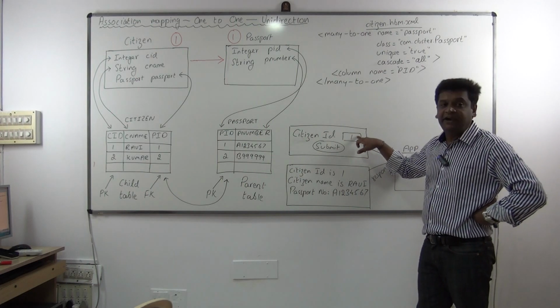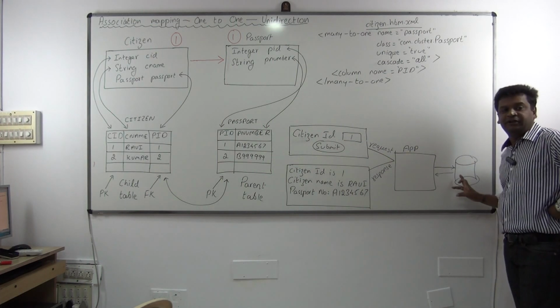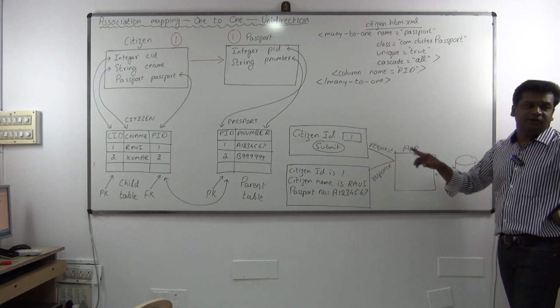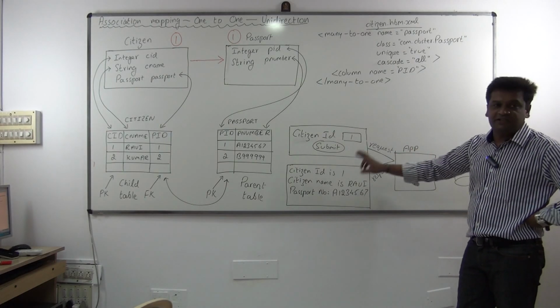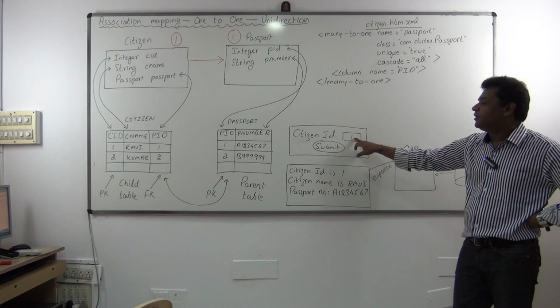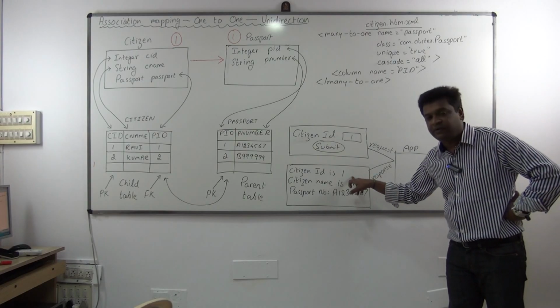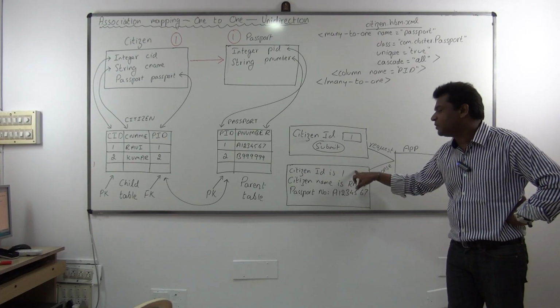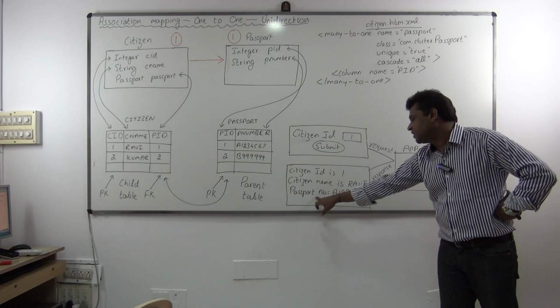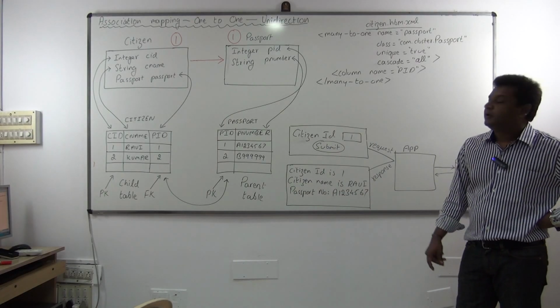If you enter an ID, say 1, your application should connect to the database, fetch all the values from the two tables and display them to the user. For example: citizen ID is 1, citizen name is Ravi, passport number is A123456. These are the values you have to display.